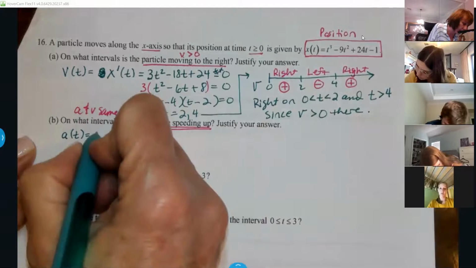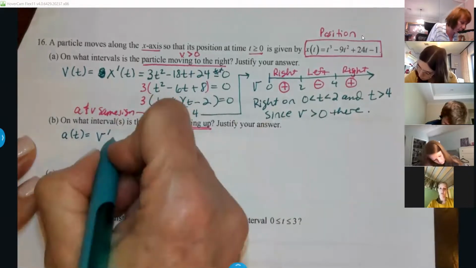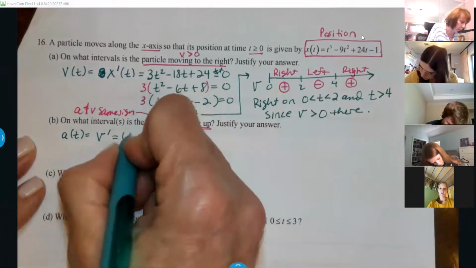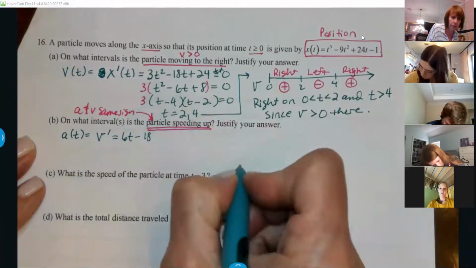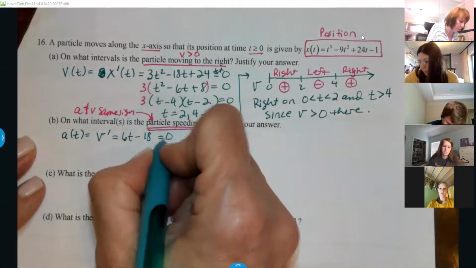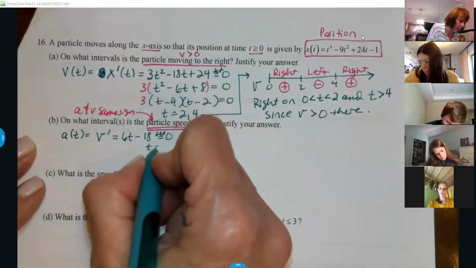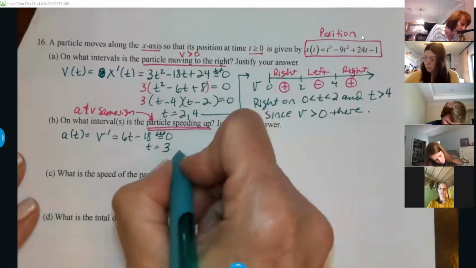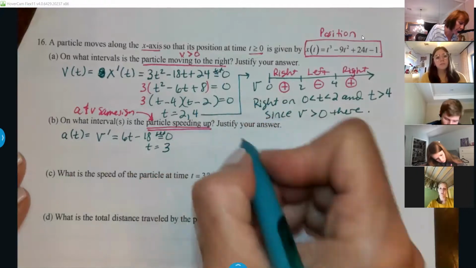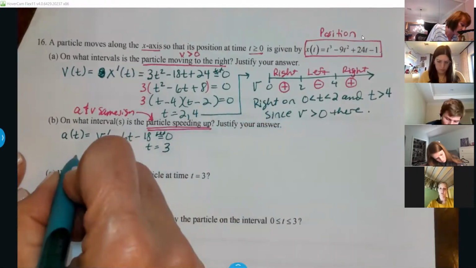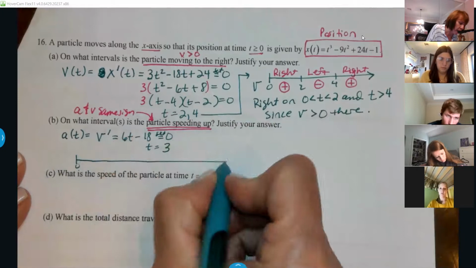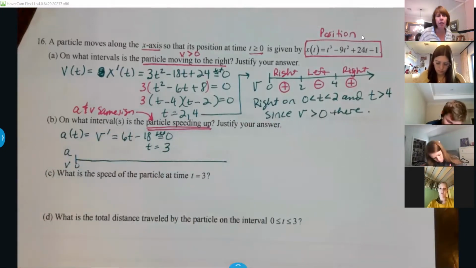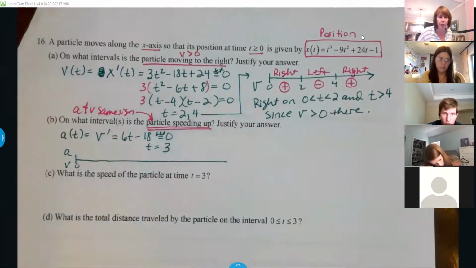Acceleration, I need to say, is the derivative of velocity. So I'm taking the derivative of velocity here, 6t minus 18. Set that equal to 0. T is equal to 3, okay? And now I'm going to make a sign chart, and I want it for both acceleration and velocity because I need to know where they have the same sign.